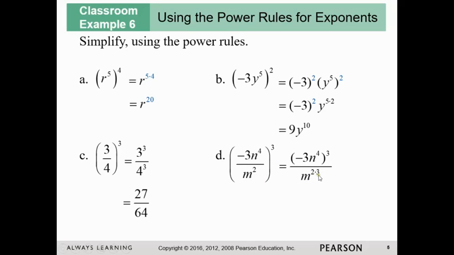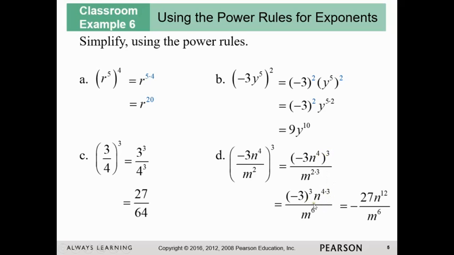That's why we multiply the 2 times the 3. Then here, now we have negative 3 into the fourth. Now we have a product to a power. So we've got to apply that cube to both the negative 3 and the n to the fourth to the third. We multiply, because basically what we have here is a power to a power.